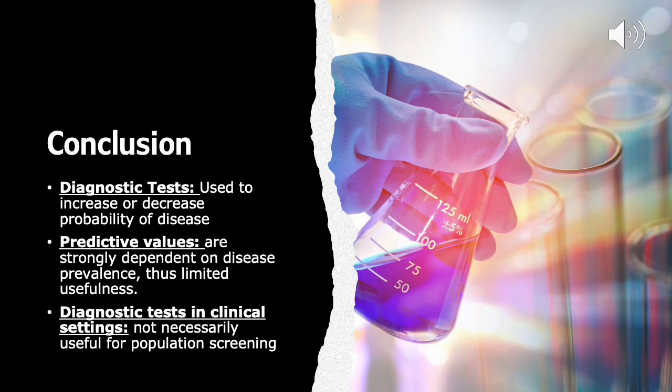So just to wrap up a couple points, diagnostic tests are used to increase or decrease the probability of disease. Predictive values are strongly dependent on disease prevalence, thus these have limited usefulness. Diagnostic tests in the clinical settings are not necessarily useful for population screenings. Again, because with diagnostic tests, we're trying to rule out things, not just screen.